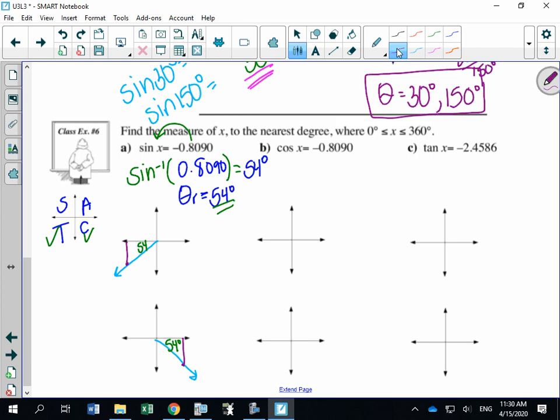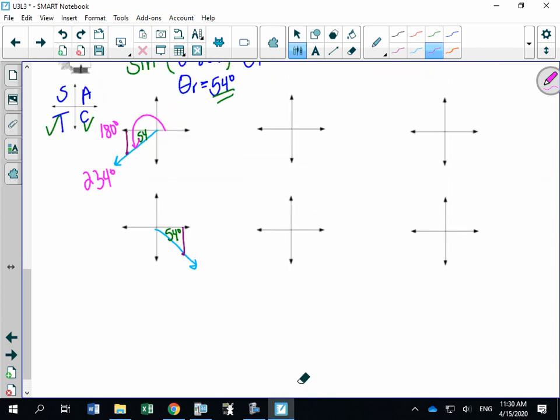They want the angle in standard position, or the rotational angle, which would be this guy here. So how do you get that angle? It would be 180 degrees plus 54 degrees. So 180 plus 54 is 234 degrees. So that first rotational angle is 234 degrees.